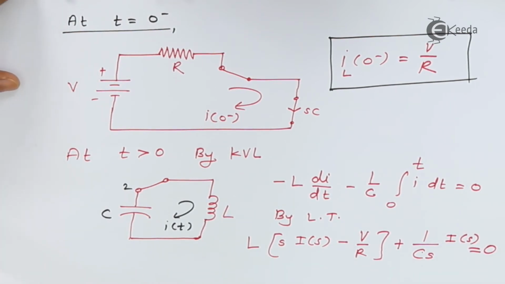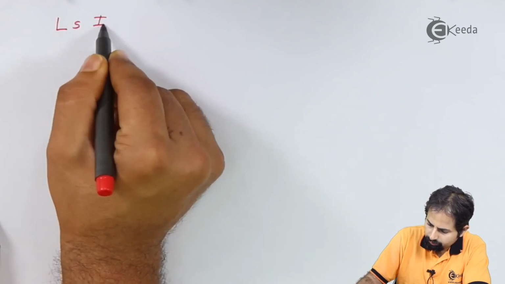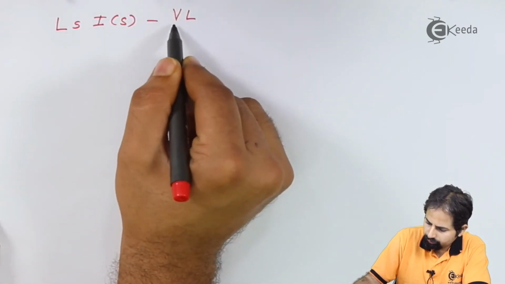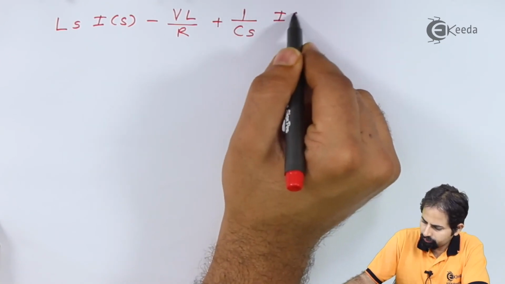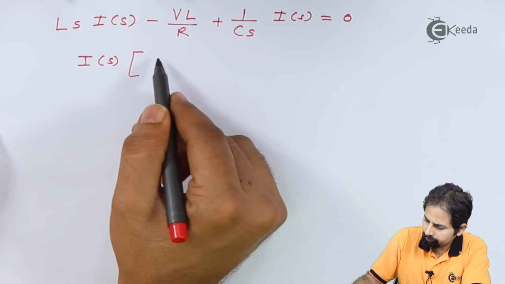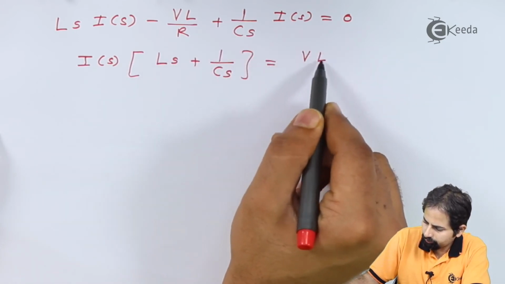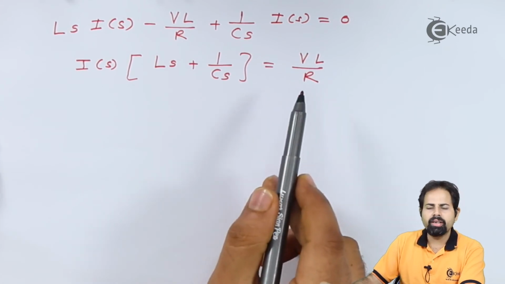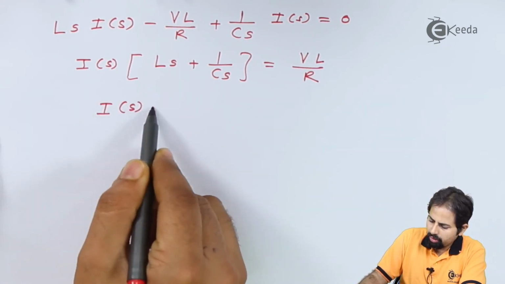Now we will simply take I of S terms on one side. So I will rearrange the equation. So this is the equation that I get. And so I of S is going to be this.